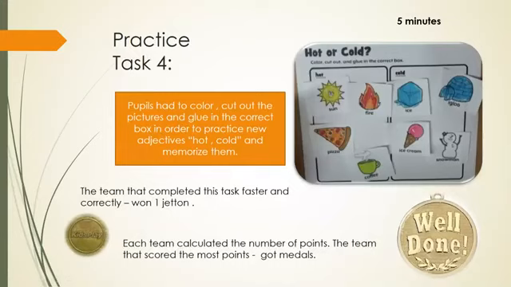The next step was practice on task number 4. Pupils had to cut out the pictures and glue them in the correct box in order to practice new adjectives, hot and cold, and memorize them.